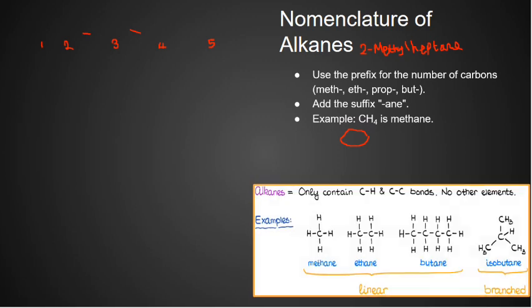Okay, now take a look at this example we have here. Like I said, first, if you see 1 carbon, know that is methane. If it's 2 carbons, it is ethane. If it's 4 carbons, it is butane. But if it's 3 carbons, it is propane.